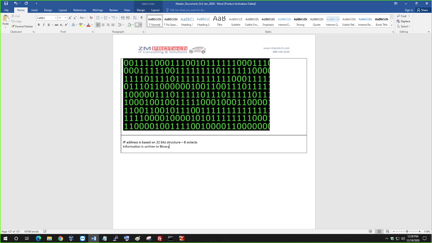If you do 2 to the power of 7, I think, that is going to equal 128.